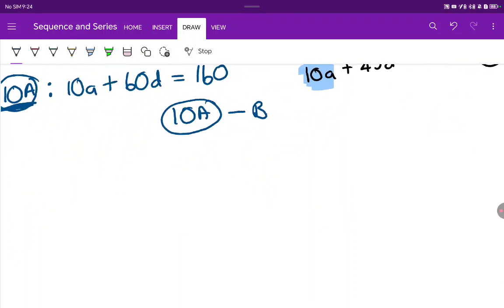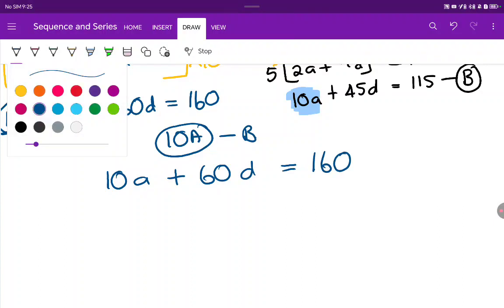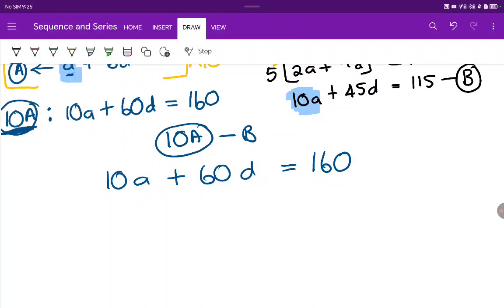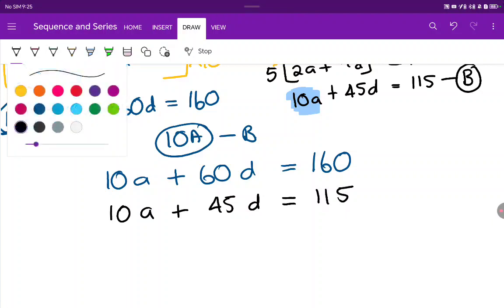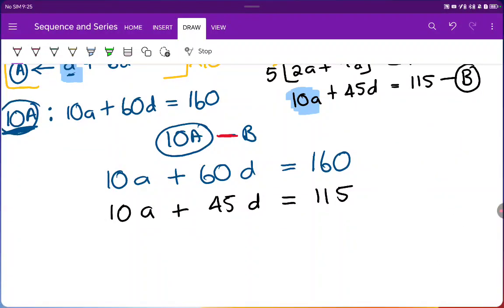10A is going to be 10A plus 60D equals 160. B is 10A plus 45D equals 115. So check that. Now I want to subtract. In order to subtract, this means you distribute.